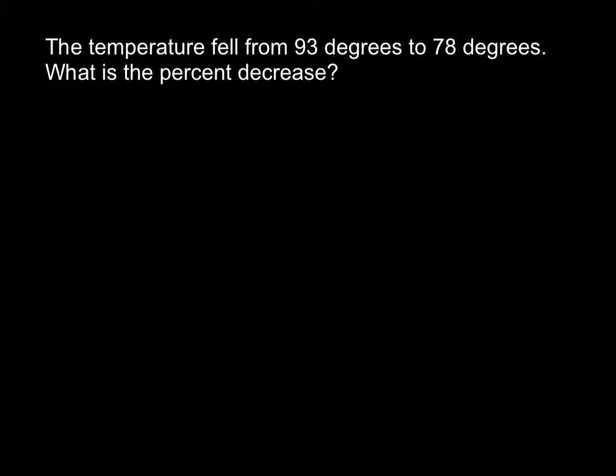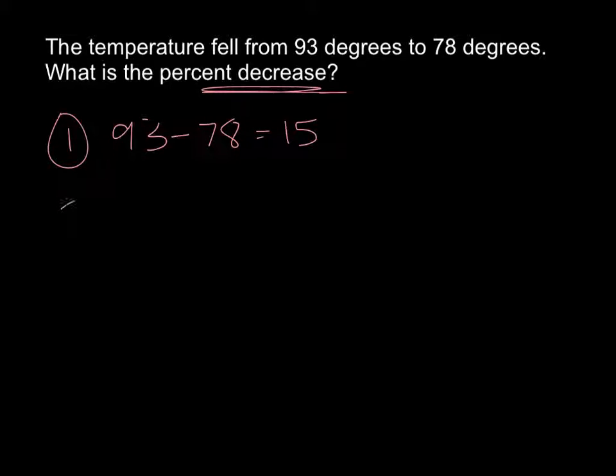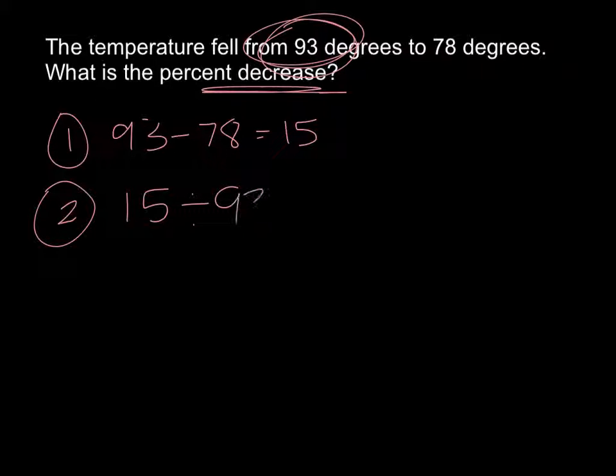In this case, we're going to find the percent decrease. So our first step, if the temperature fell from 93 degrees to 78 degrees, is to subtract. So 93 minus 78 is 15. And our second step is to divide. So we're going to do 15 divided by our starting value, which is 93, which is 0.161.